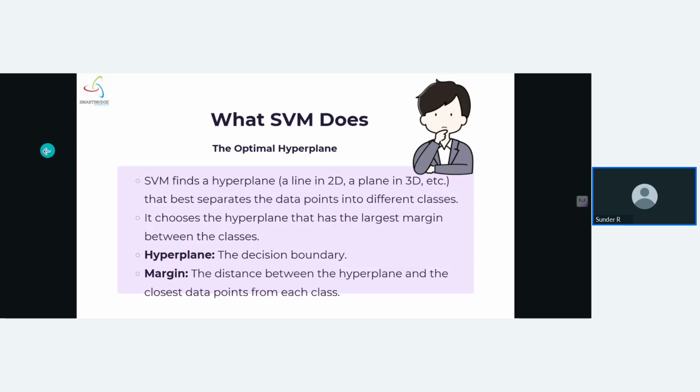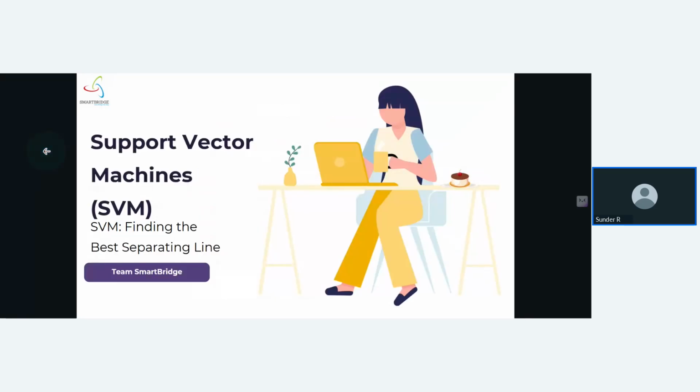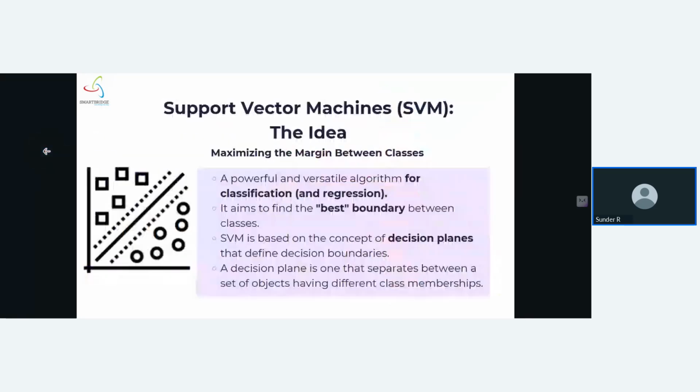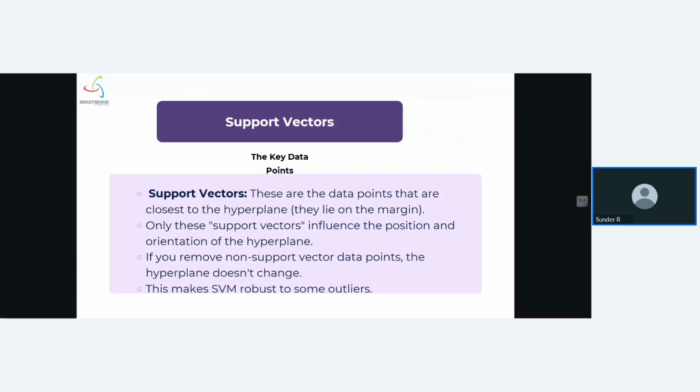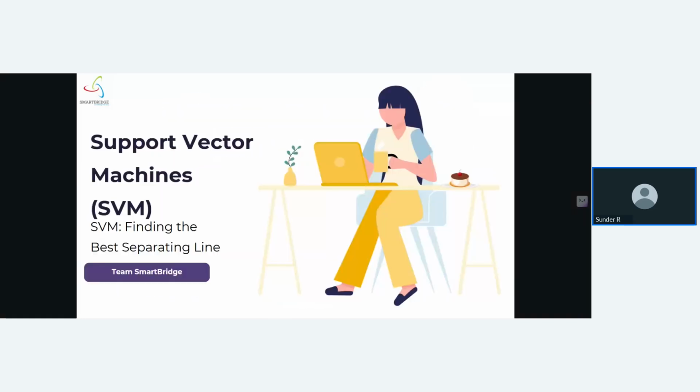Any idea about what this SVM, support vector machine, is about? Any real life example that you can come up with for this one? You can text in the chat. Yes, it is to classify.